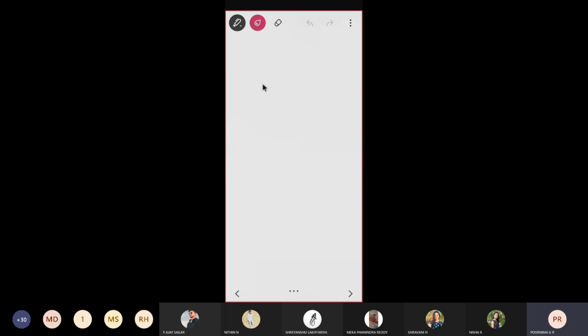Next topic in module 1, topic number 5, is the pin diagram of 8051.